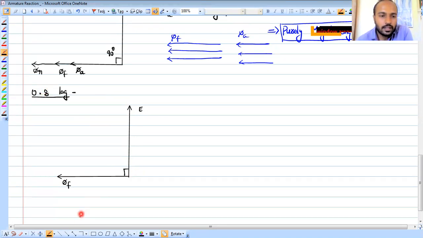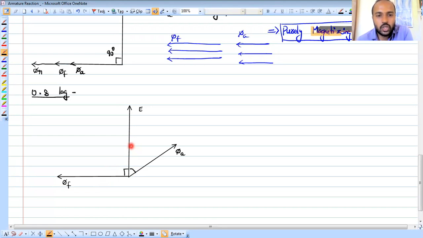With that angle it is lagging, right? Maybe this will be the armature flux. So here it is 0.8 lagging, right? So the angle is less than 90 here.